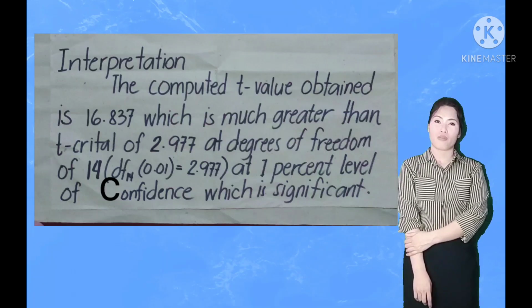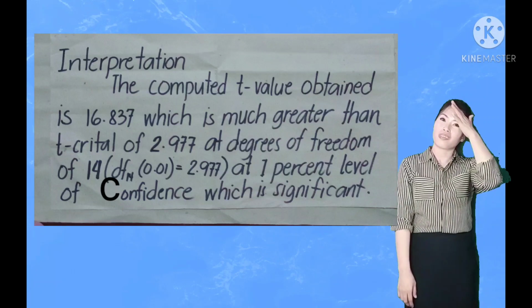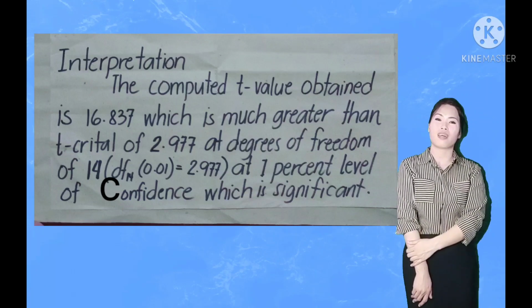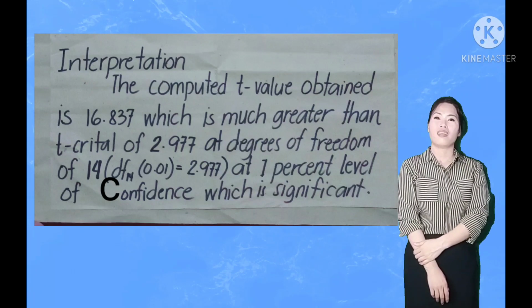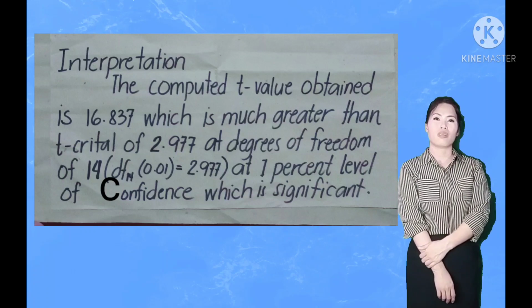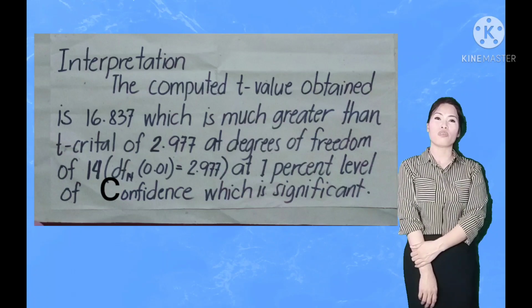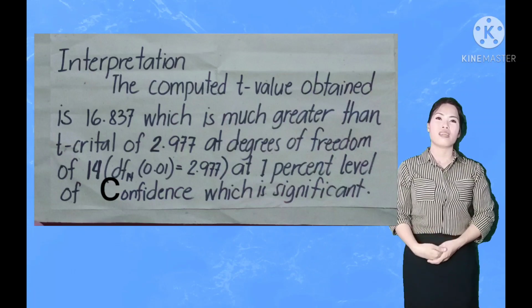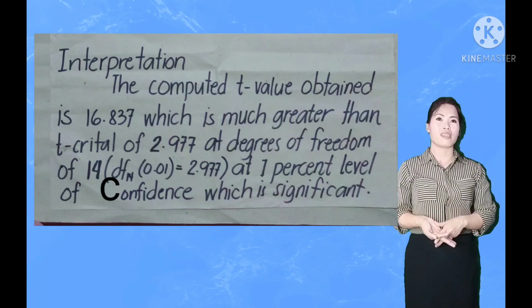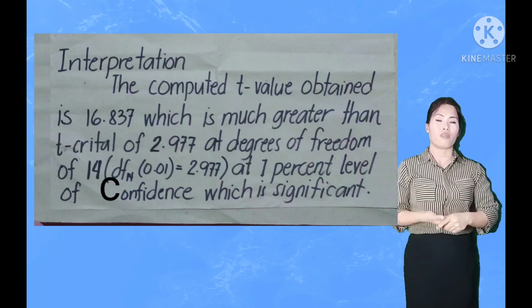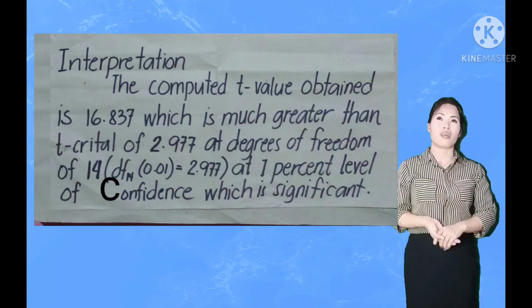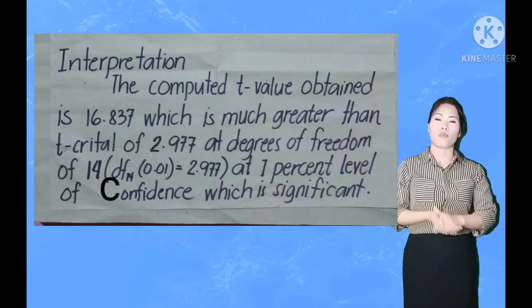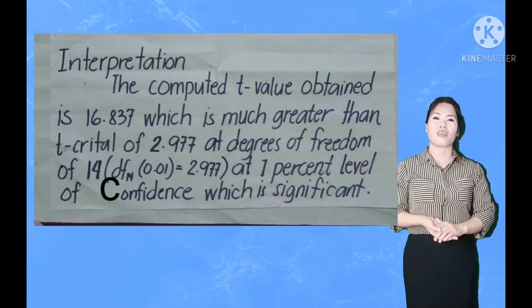Now that we have our t value, or the t-test, which is 16.837, and our t critical value, which is 2.977, we can see that there is a big difference in the results. The t value here is bigger than the t critical value.